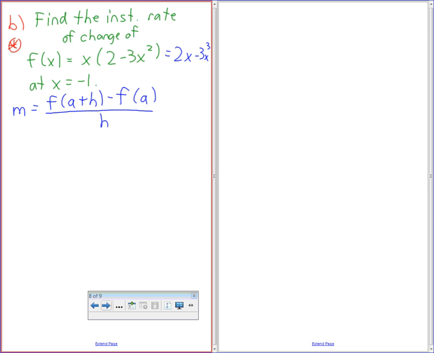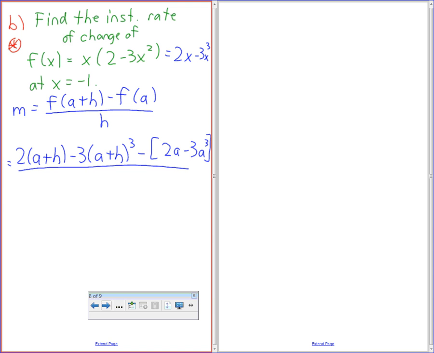Either way works out for your answer. What this is going to turn into is 2 times (a plus h) minus 3 times (a plus h) cubed, minus square bracket 2a minus 3a cubed, all over h.